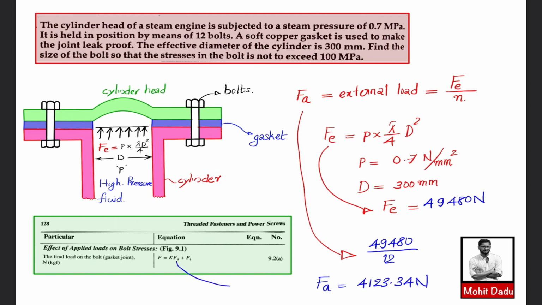So now you know the value of Fa to be substituted in this equation. Next you have to take Fi. Fi is the load acting on the bolt due to tightening, and K is the gasket factor that we will see how to take from the data book.